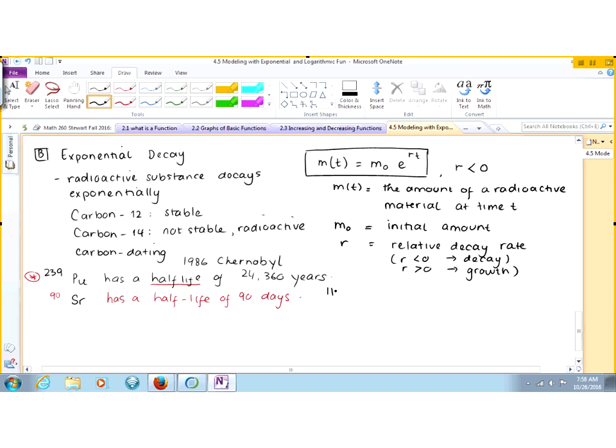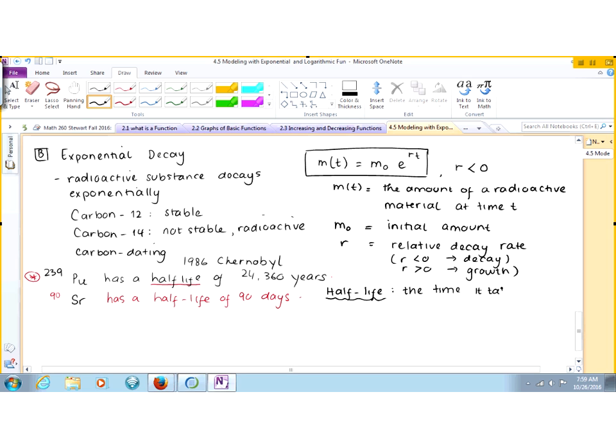All right, I already mentioned half-life, but let's write down the definition. What is half-life? Half-life is the reciprocal of doubling time. Do you know what doubling time means? It is the time it takes for an amount to double. Half-life is the time it takes for an amount to become half of the original amount.